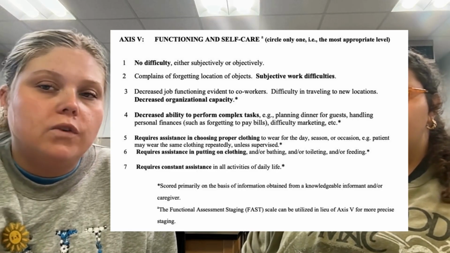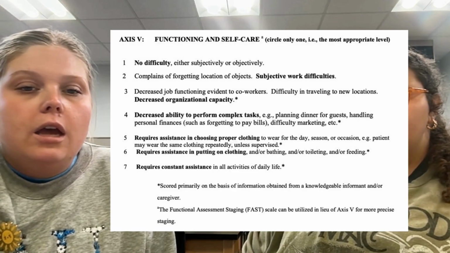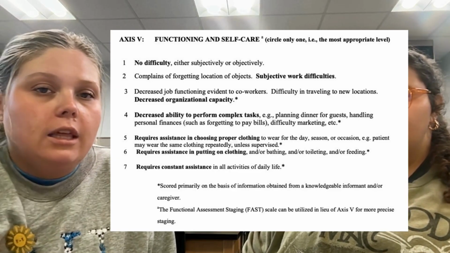Do they need reminders for feeding? Stuff like that. And like Axis 3, the more specific, the better. So ask follow-up questions. If you get very vague answers, really try and push for more because it could skew your results.